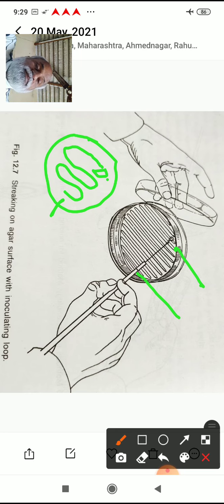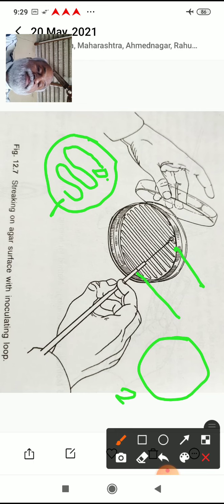And if the same needle, without taking mixed inoculum again, is used for streaking the second petri dish having the culture medium, then it gives better results, because the inoculum has already been thinned out.